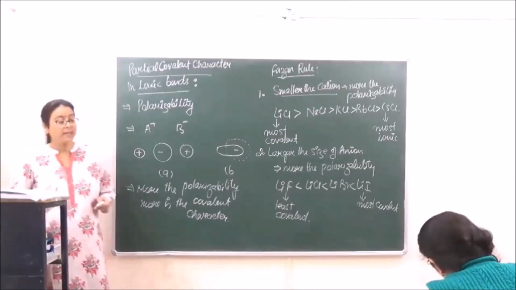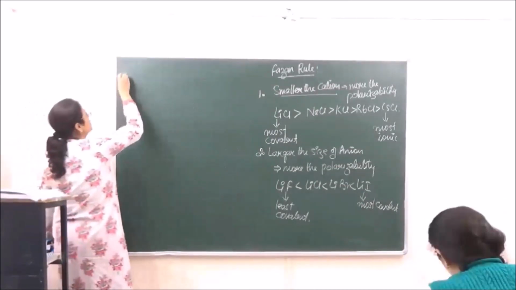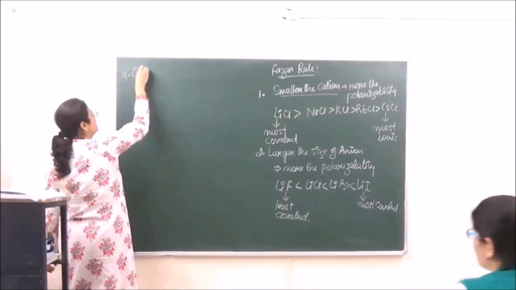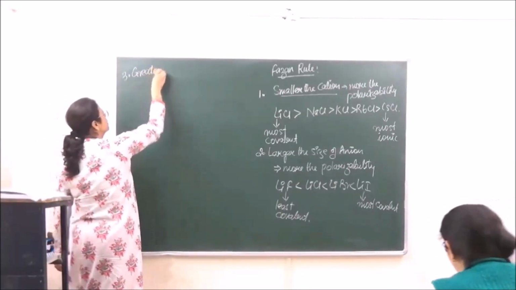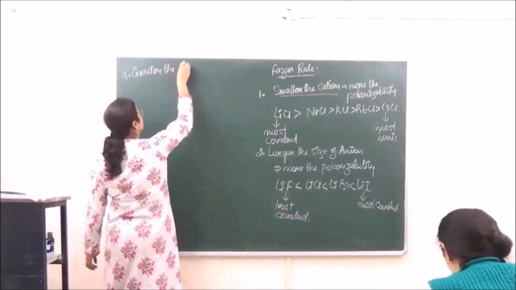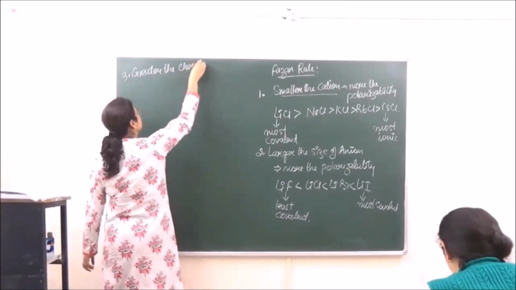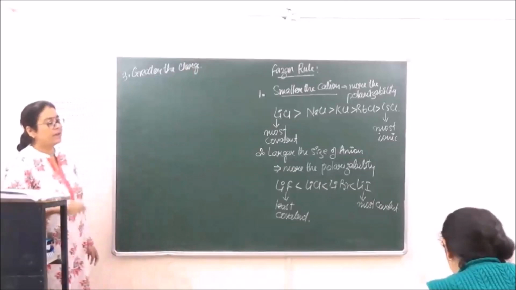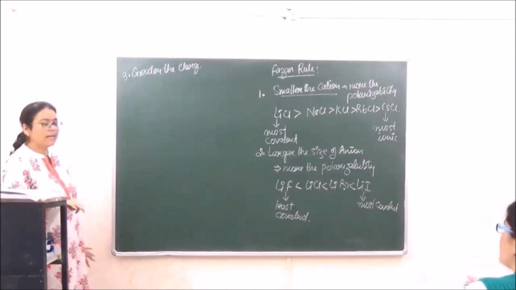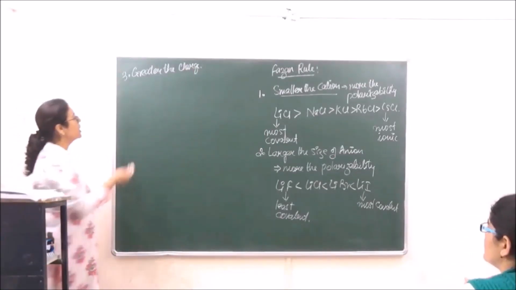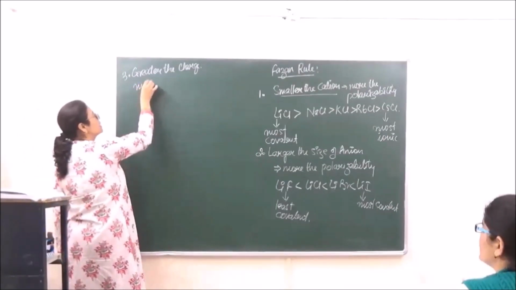Okay. Then third, it depends upon the charge. So we say greater the charge, whether on the cation or on the anion, either of the two, more the charge, more is the polarizability.